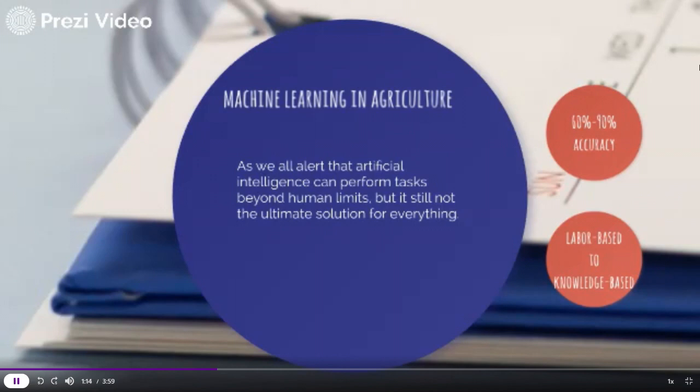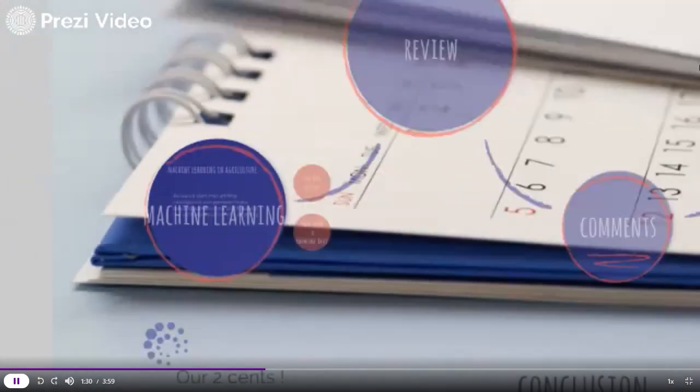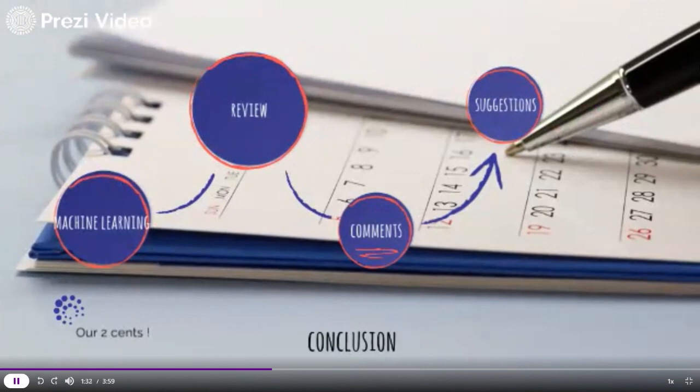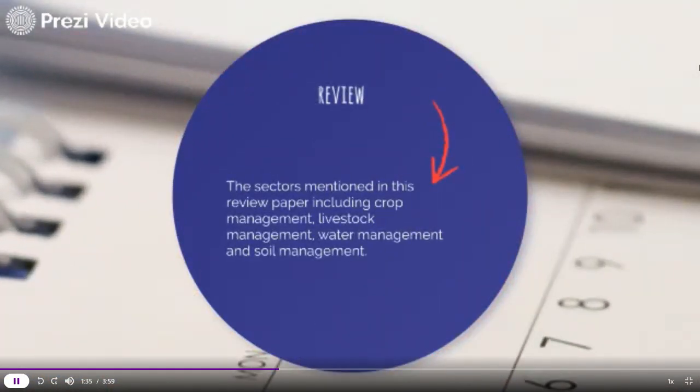Thus, farmers should also ride onto the transformation from labor-based farming into knowledge-based farming. All information produced by machine learning algorithms should be processed by knowledgeable farmers for further analysis and decision making. This paper indeed provides very complete information regarding the application of machine learning in several agricultural sectors.